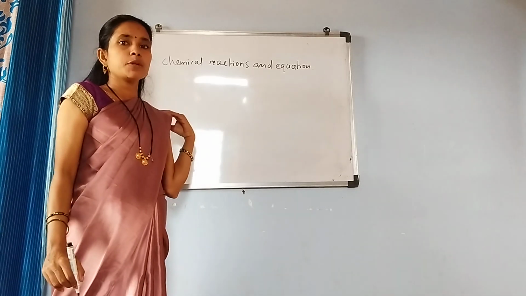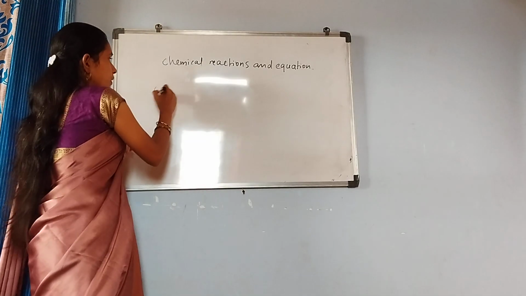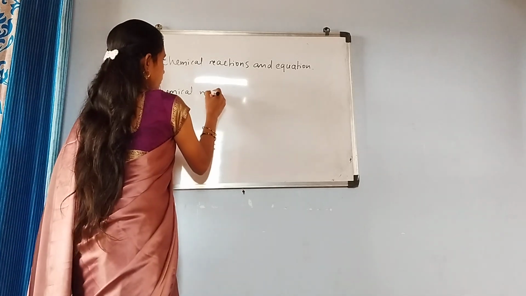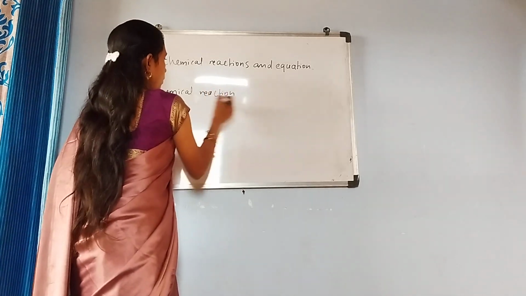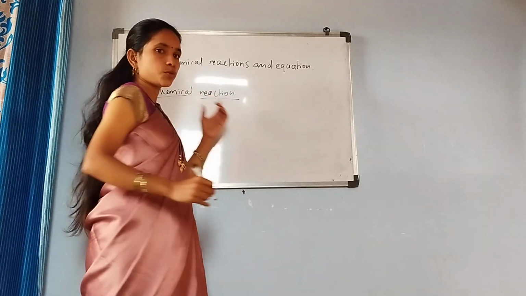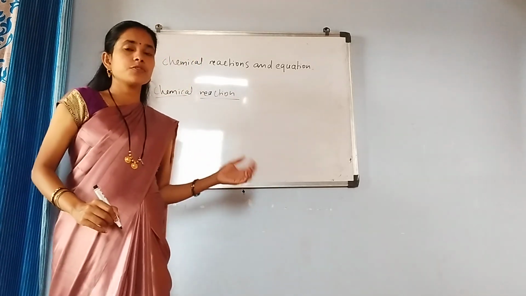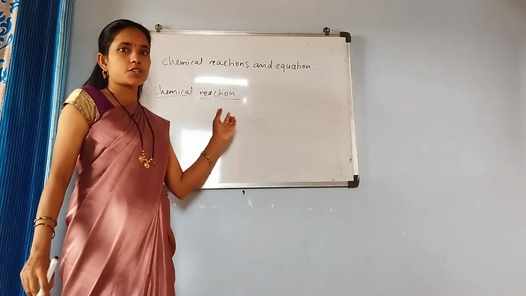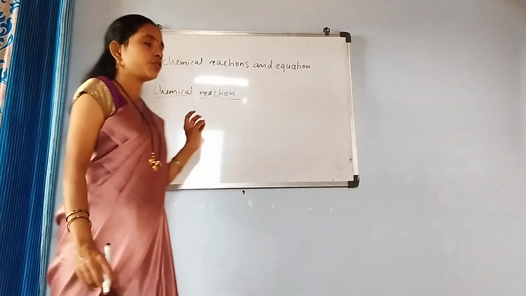So what is meant by chemical reaction? Chemical reaction is a process in which new substances are formed with new properties from one or more substances. I write down the definition for this.